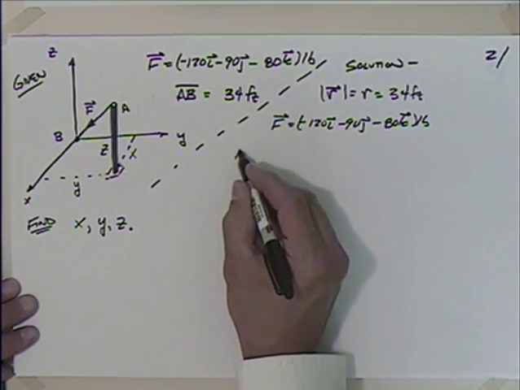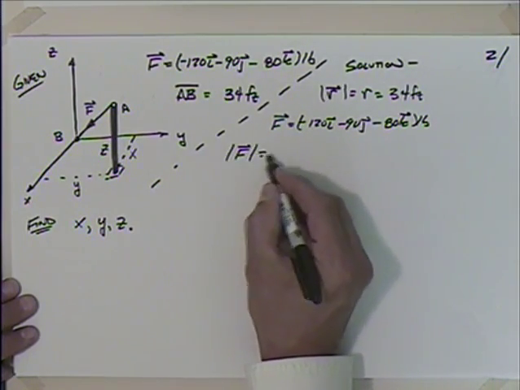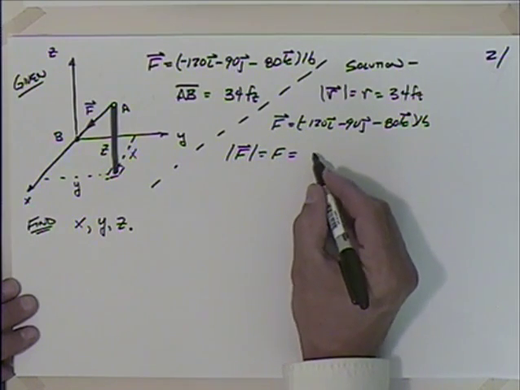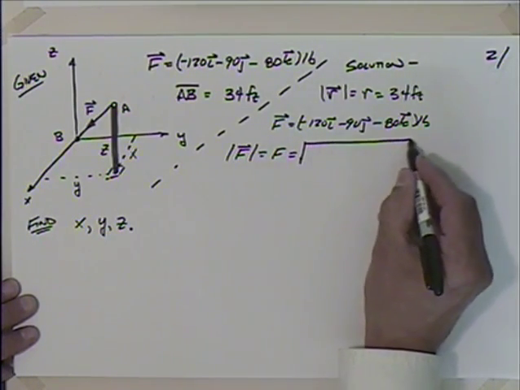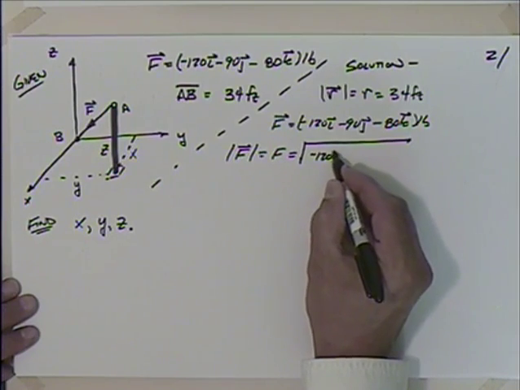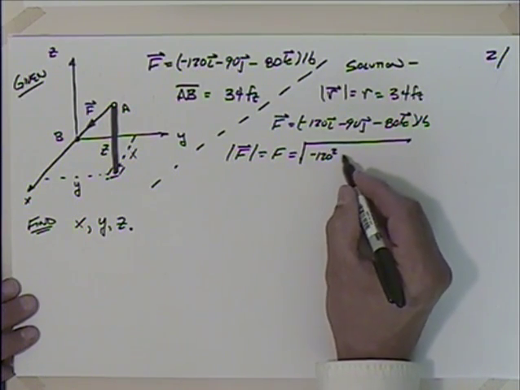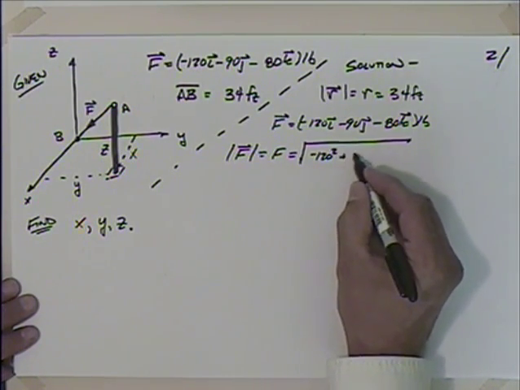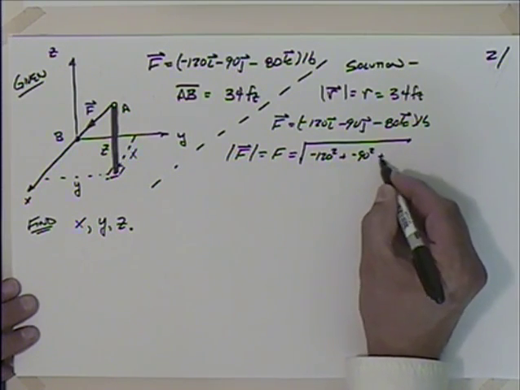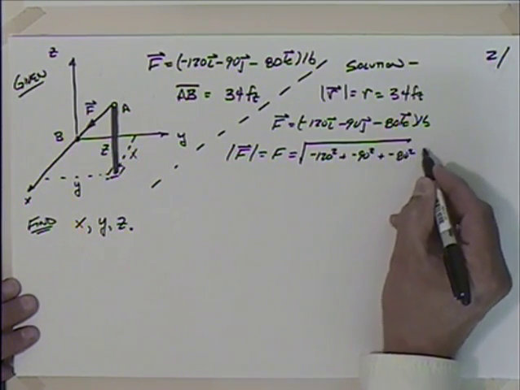And because we know what F is, we know the magnitude of F, which I could really just write as F without the vector over it. That's going to be the square root of minus 120 squared. We wouldn't necessarily have to put the minus in there because it'll go away, plus a minus 90 squared, plus a minus 80 squared.